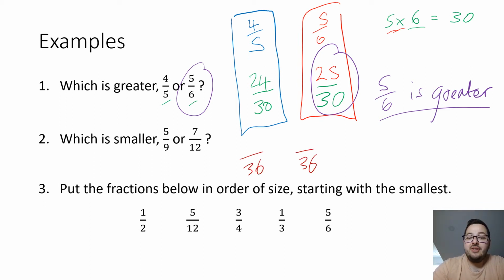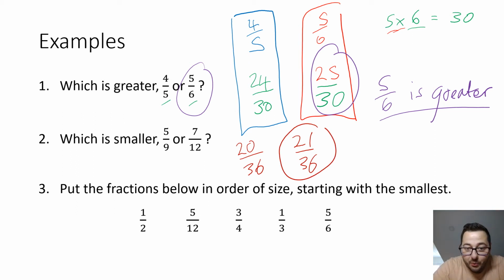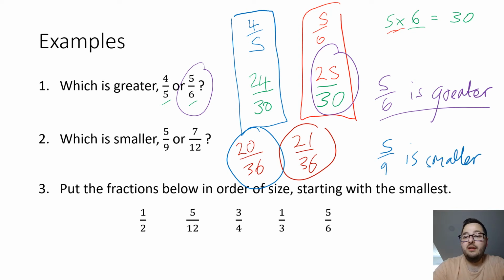To get 9 to 36, we times it by 4, so we times 5 by 4, and 5 times 4 is 20. From 12 to 36, we times by 3, so 7 times 3 is 21. From that, we can see that 21 over 36 is bigger, but they're asking which is smaller. So we want 20 over 36, but always write the original fraction, which is 5 over 9, is smaller.